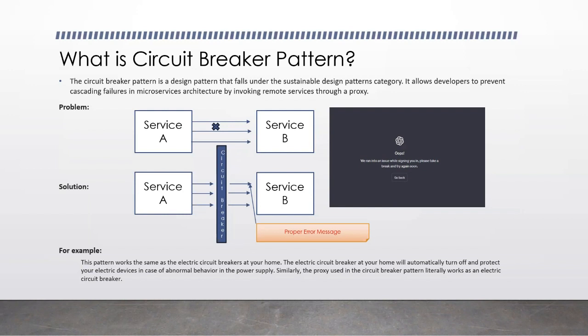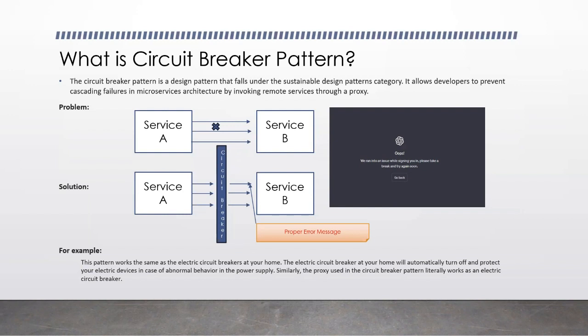Let's say I have service A and it starts sending requests to service B, right? Due to some request load, service B is going down and it's not able to handle the requests from service A. So if I implement the circuit breaker, it will monitor the requests.